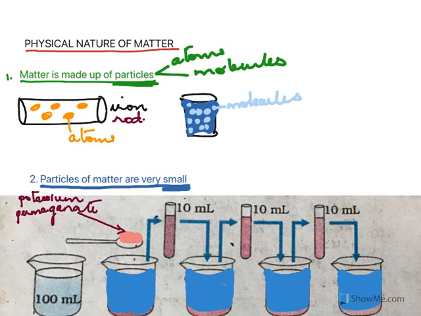So we have a beaker. This is a beaker with 100 ml of water, and in that we add some potassium permanganate. Now remember, potassium permanganate is pink or purplish in color. Once you add this potassium permanganate, the water also turns pink.